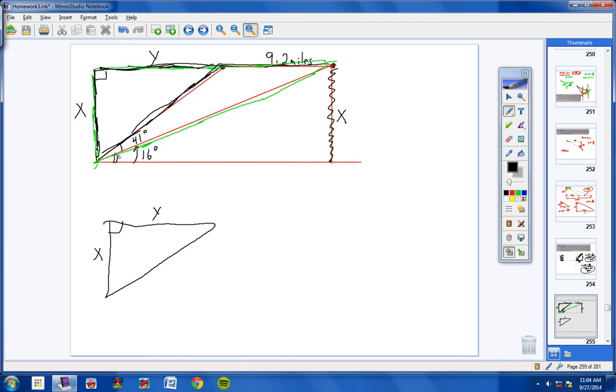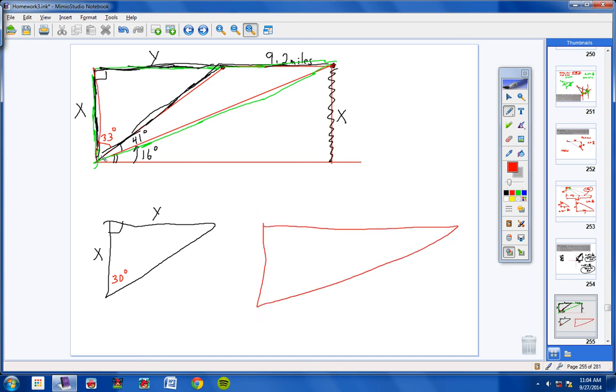Now, this whole angle, please don't miss this, students, the whole angle is 90 degrees. So if from here to here is 57, then this little angle right here has to be 33. So I'm going to put 33 degrees right here. Now, here's your big triangle right here.